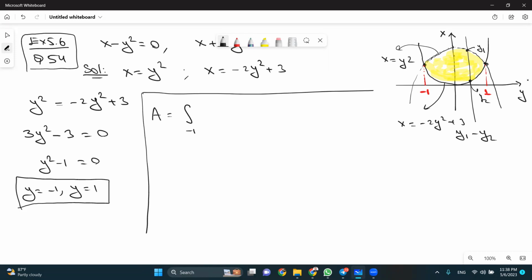Above, we have this function, y squared, minus, below, the function minus 2y squared plus 3, dy, because I'm sure that now the height is positive. So the integral from negative 1 to 1 of y squared minus minus is plus, so here we have 3y squared plus 3 dy.